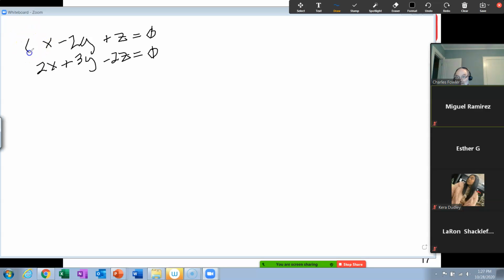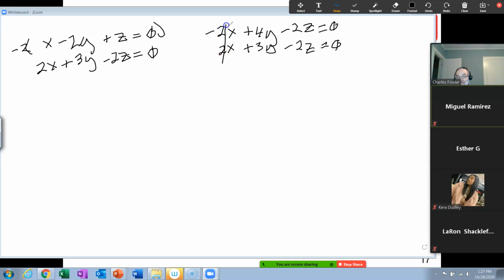So multiply the top equation by negative 2 and add it to the next equation. So this will be minus 2x plus 4y minus 2z is equal to 0. And the second equation is 2x plus 3y minus 2z is equal to 0.